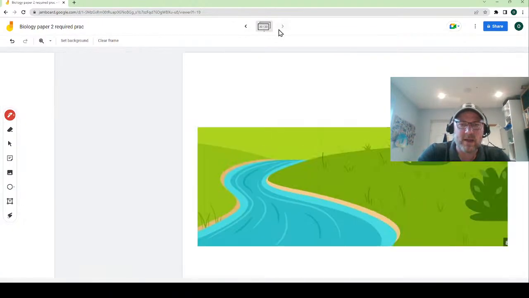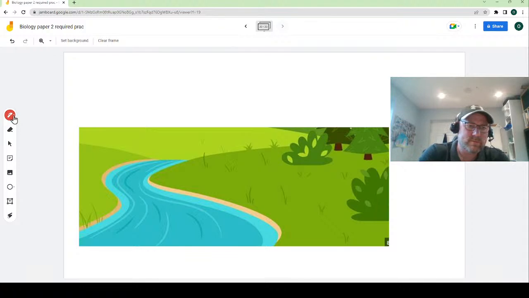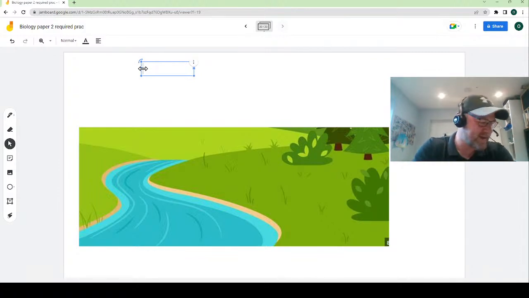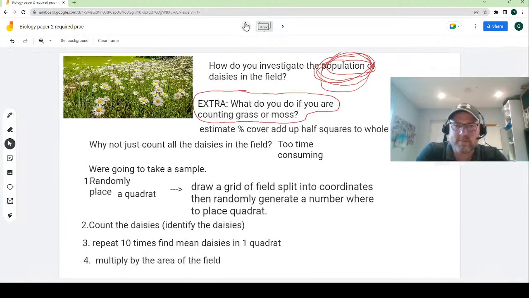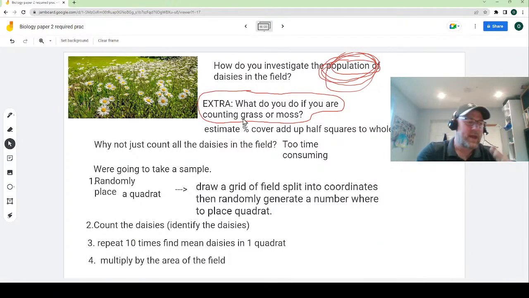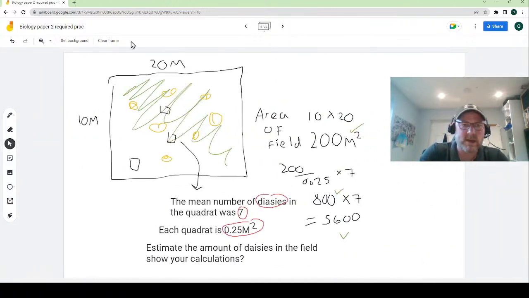Let's have a look at the other version of the practical. The other version is when they say grass. If you're counting grass, okay, let me clear this.